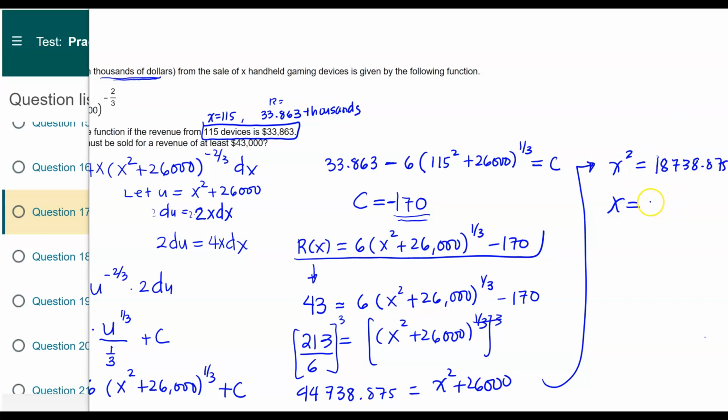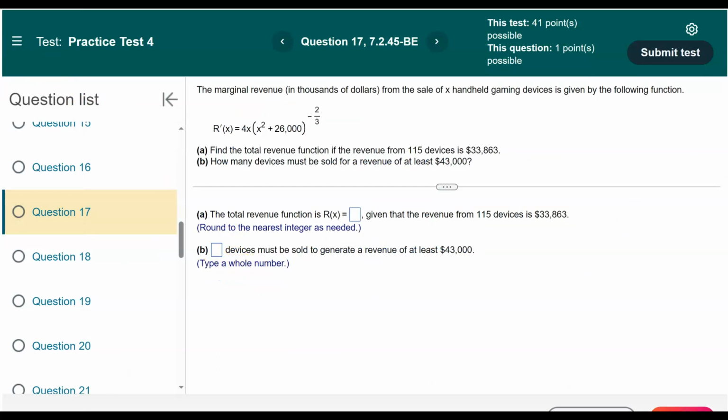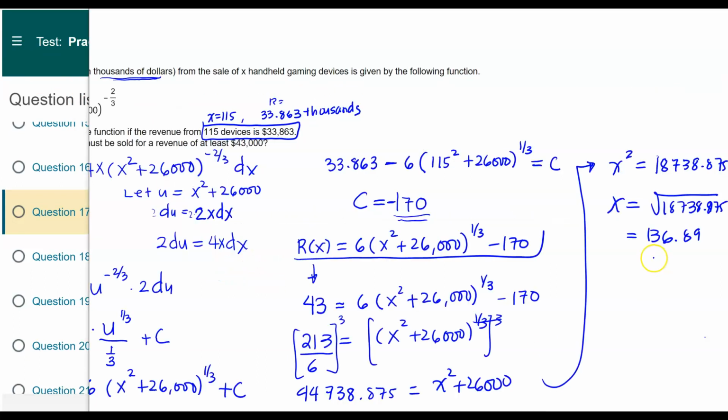The square root of 18,738.875 is equal to 136.89. You would have to go back and see what they are looking for. It says here, type a whole number. So you will have to round this off to the nearest whole number. So 137 is the answer.